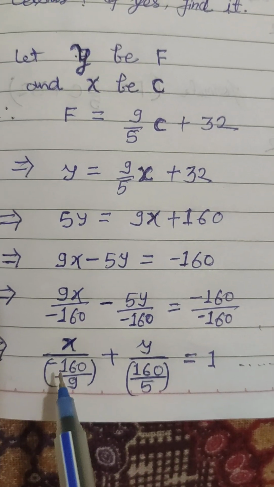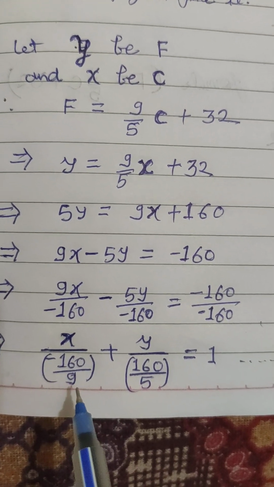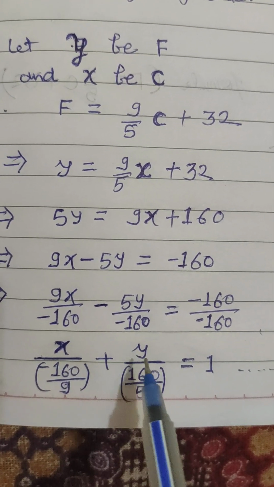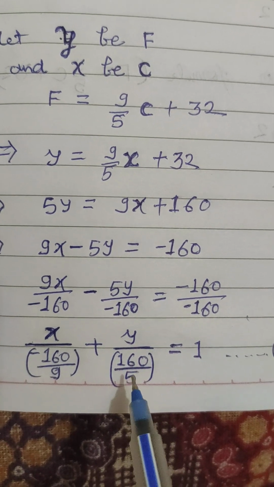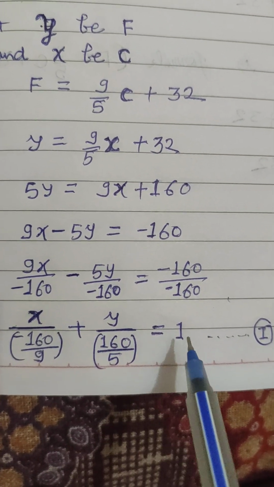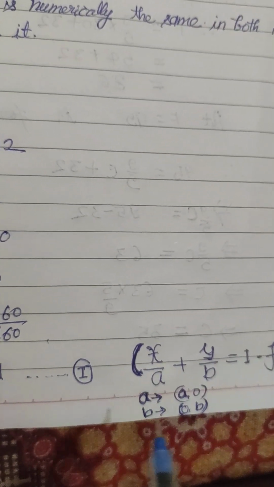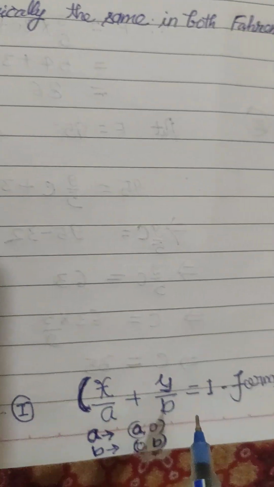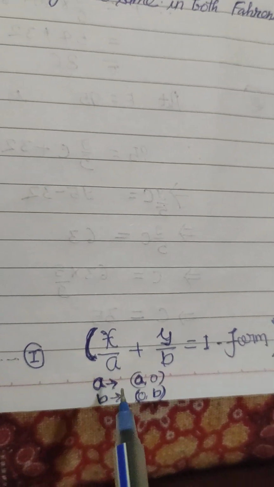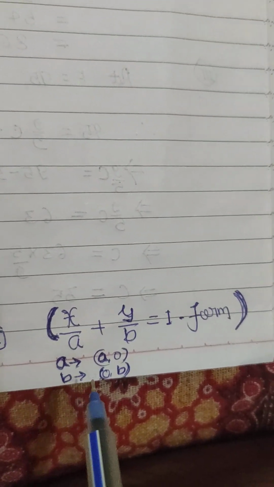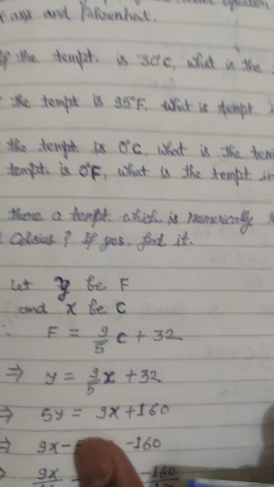So we get x by (minus 160 by 9) plus y by (160 by 5) equals 1. Let it be equation number 1, which is of the x by a plus y by b equals 1 form, where a denotes the coordinate (a, 0) and b denotes (0, b).